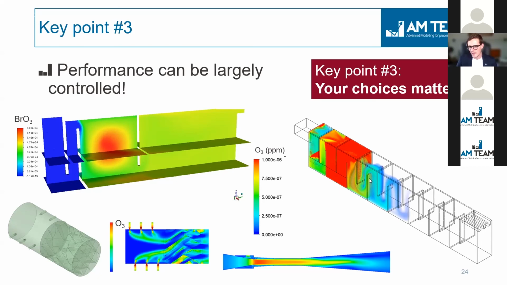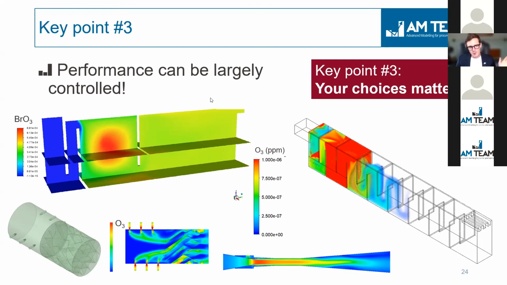That's one thing. And then, of course, you can start detailed designing. Where do you put baffles? Can we further knock down bromates? Where should we add peroxide? Or how to improve the ozone dissolution? You can use CFD for that. In this case, you can see the impact of hydrodynamics on bromate formation in a full scale. And if you don't pay a lot of attention, you might have some hotspots of bromate in your installation.